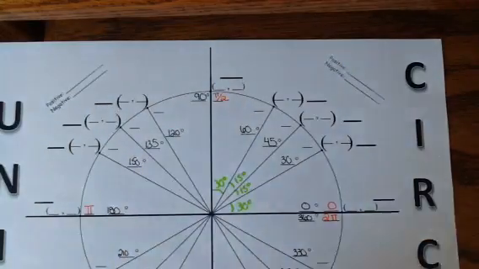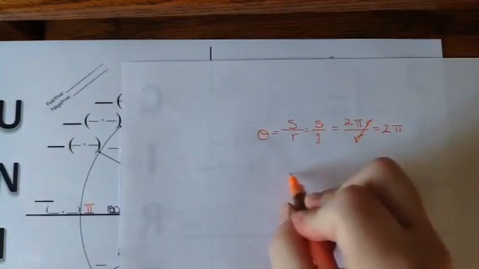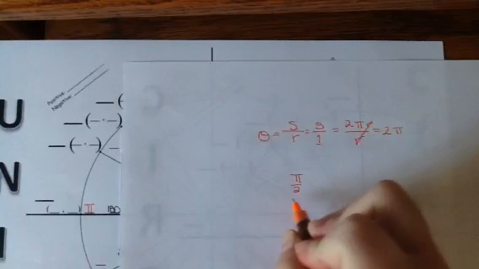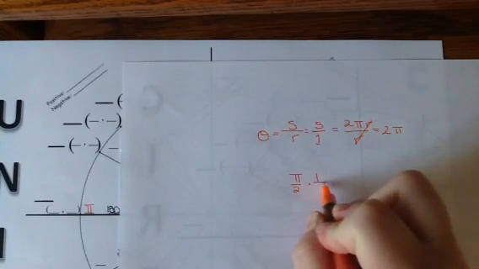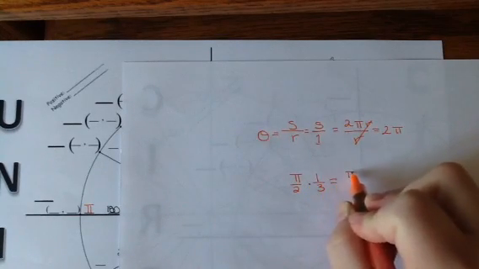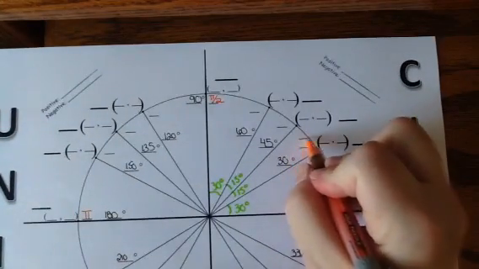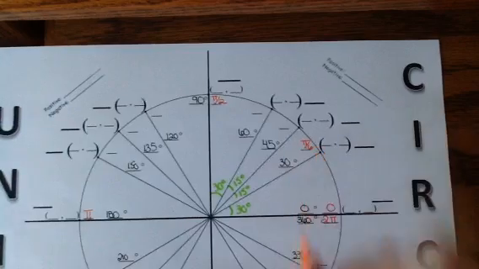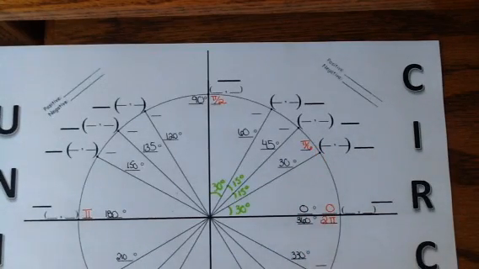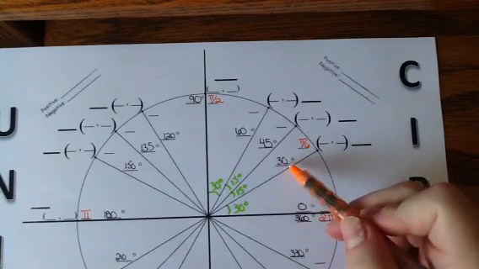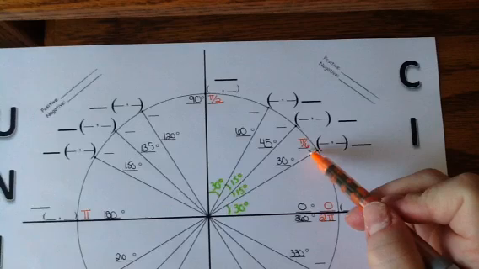And if you need to see that math, pi over 2 divided by 3, or multiplied by 1/3, is going to get you pi over 6. So at 30 degrees, you're at pi over 6. So now we know that every time we go 30 degrees, it's worth a pi over 6. So 30 degrees is equal to pi over 6.